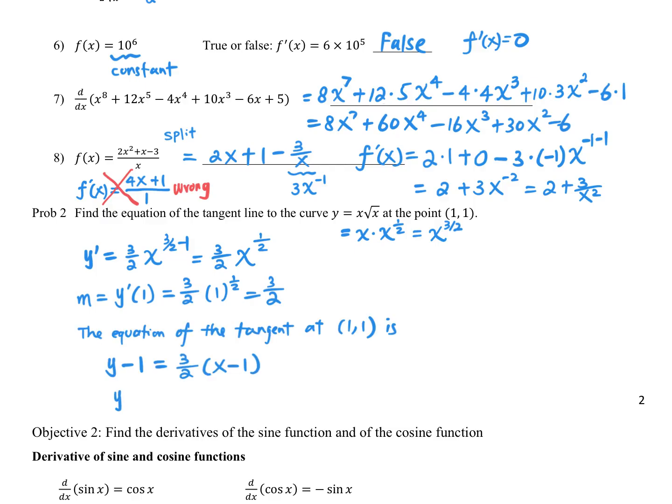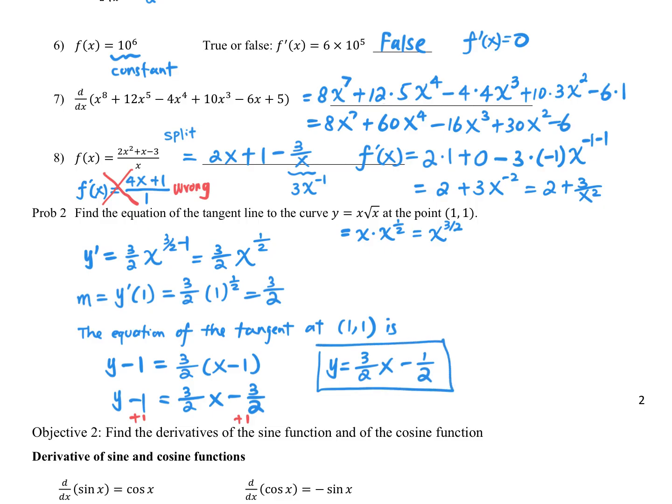And now let's do a little simplification. We eventually have to add 1 to both sides to write that in slope-intercept form. So it's going to be 3/2 x, and negative 3/2 plus 1 is negative 1/2. Okay, so this is the equation of the tangent line at this point (1, 1).